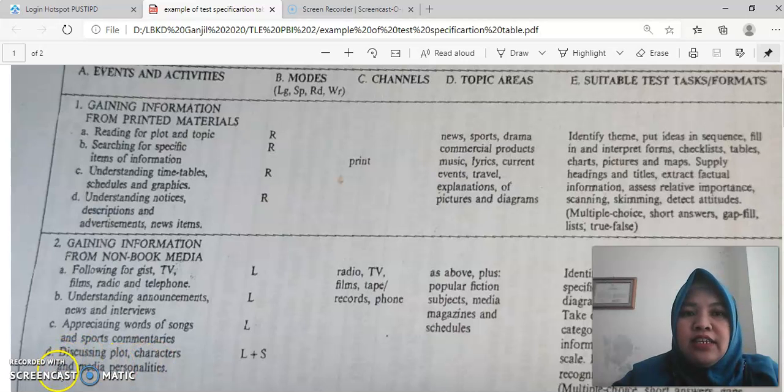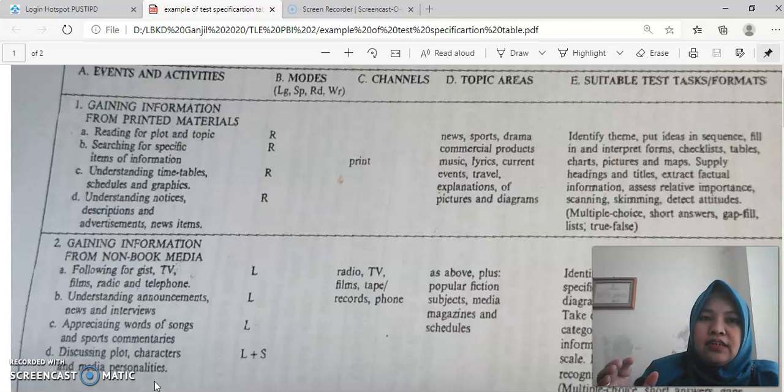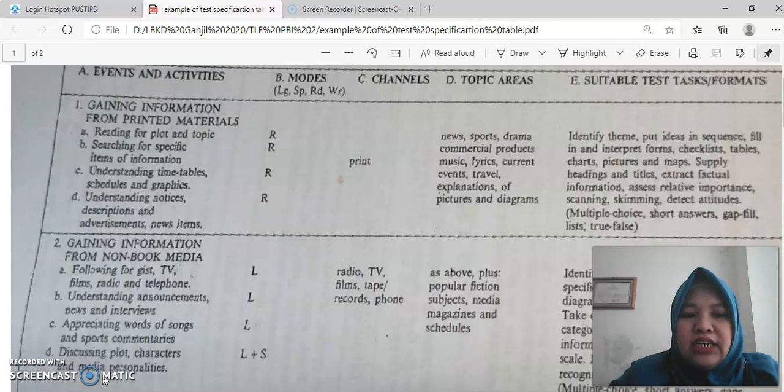Take a look at the activities for testing the combined skills: discussing personalities and media personalities. After you ask your students to watch a movie, for example from any kind of DVD, you can ask your students to discuss the plot in the movie and discuss the characters. So it means you have already tested listening and also speaking skills.